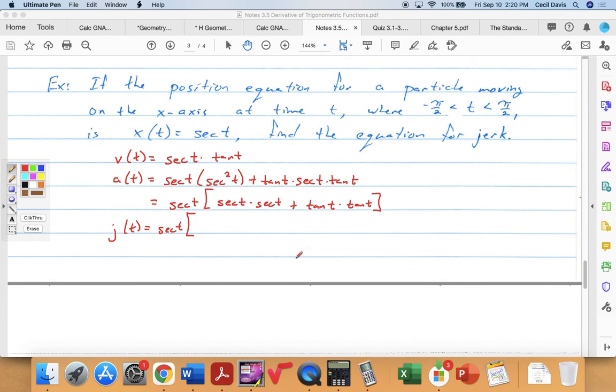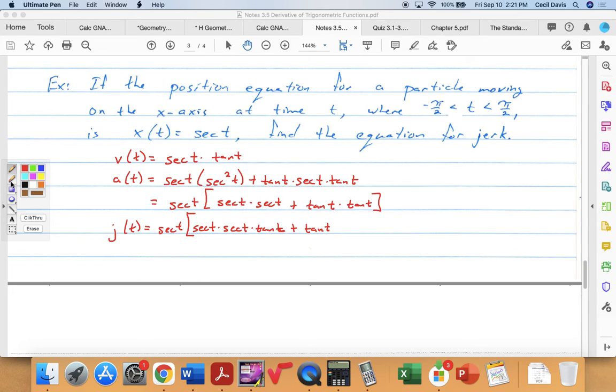And in that second factor, I'm going to have to use the product rule not once, but twice. Yay. So that'll be secant of t times the derivative of secant, which is secant tangent, plus tangent of t. Oh, hang on a second.